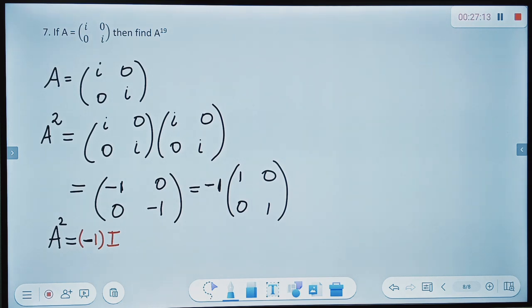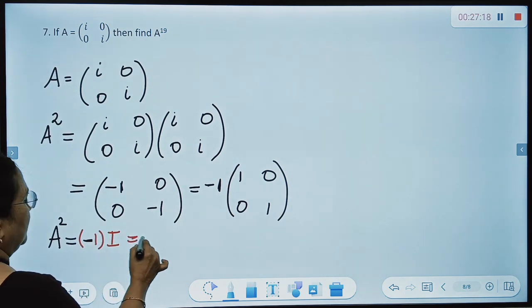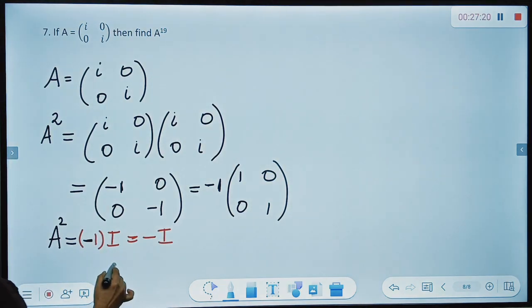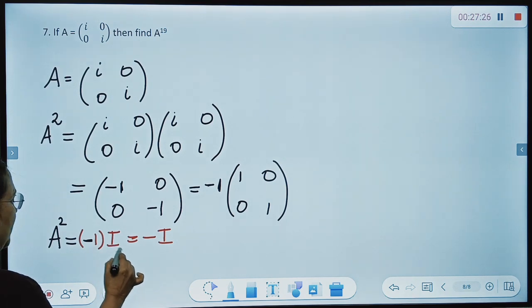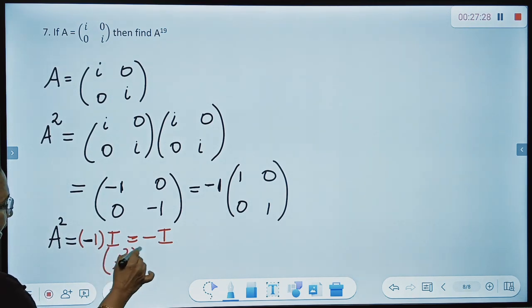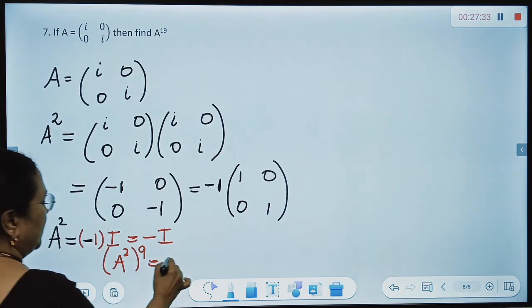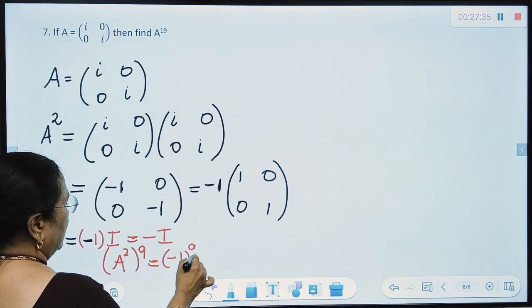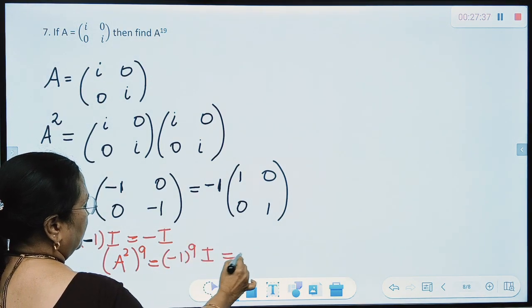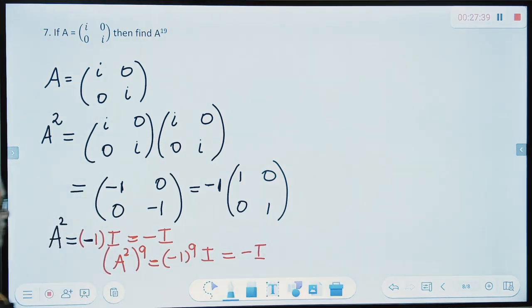So this is minus I. So what will be A power 19? Up to A power 18, that is A square to the power 9, what will that be? Minus 1 power 9 into I, which is minus I.